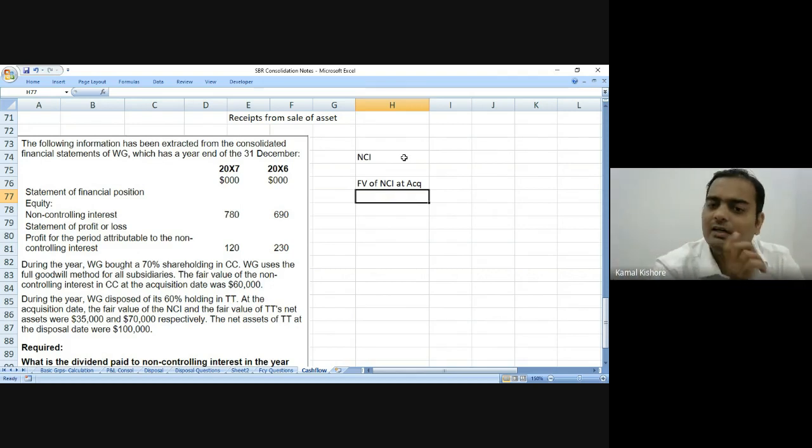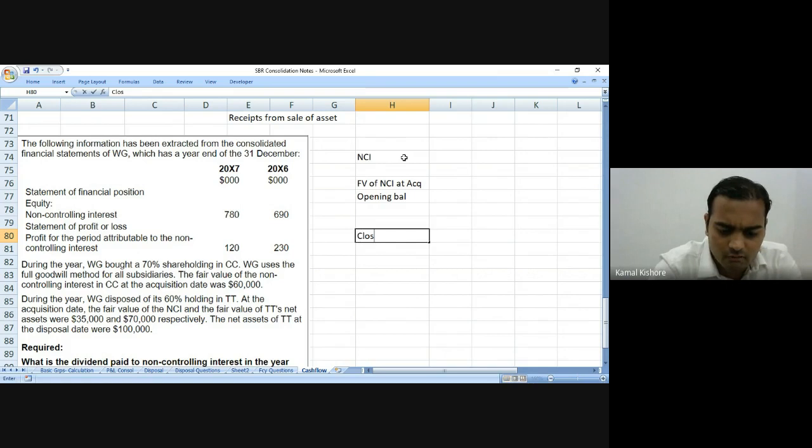Otherwise, there is the opening balance. You can have multiple subsidiaries, or your NCI value can change during the year. That means earlier you had 60% shareholding, now you have 70% shareholding. So that part is also there, and then you also have the closing balance of NCI.